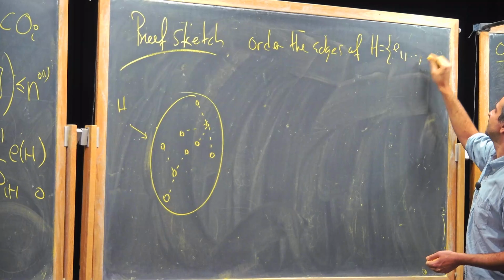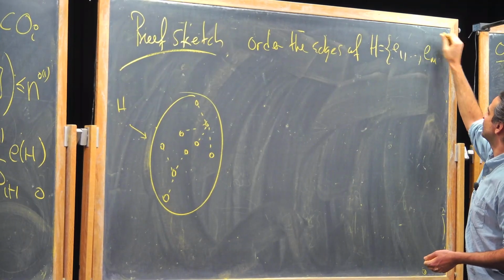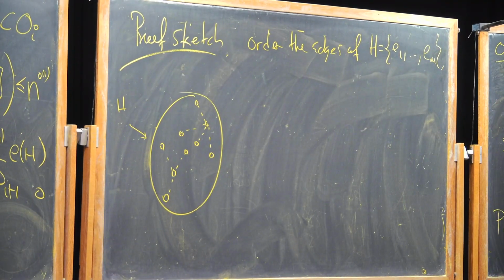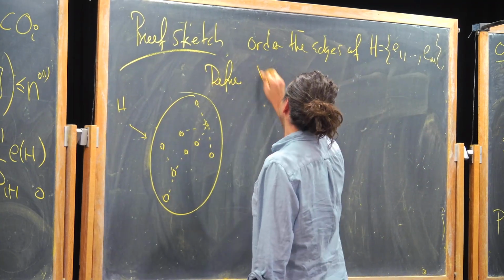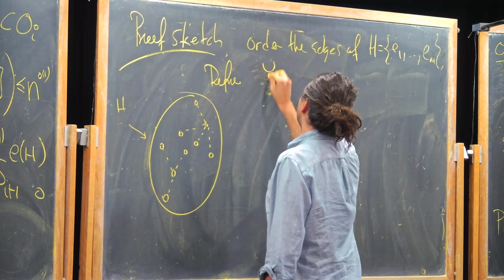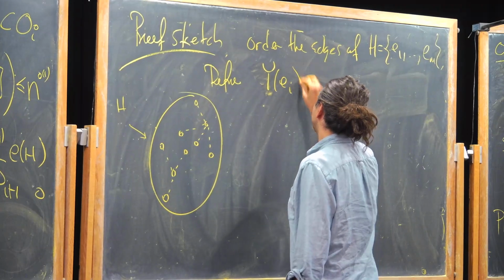Right, E1 up to E_m, I think. OK, amazing. Like that. And I'm also going to define the useful quantity, which I'll call Y of E_i.